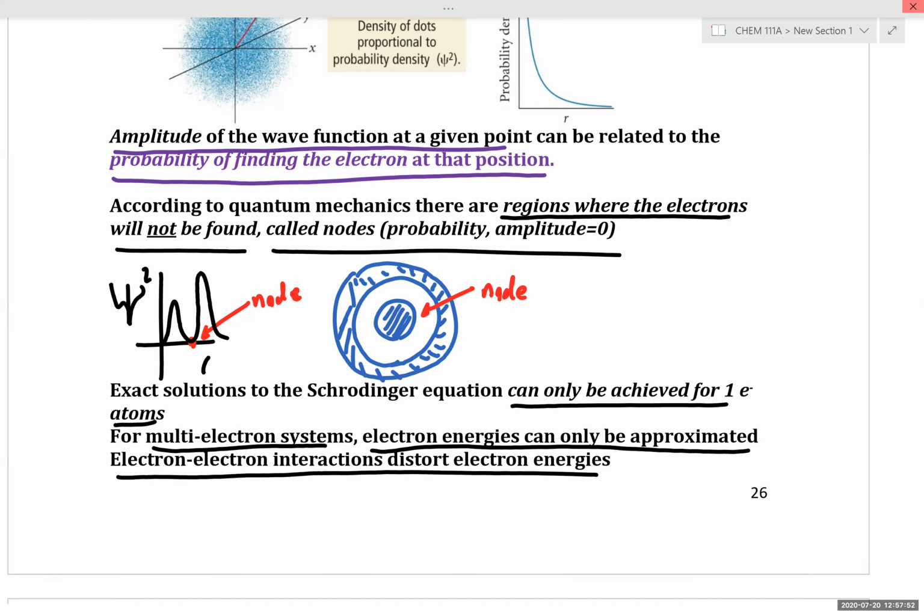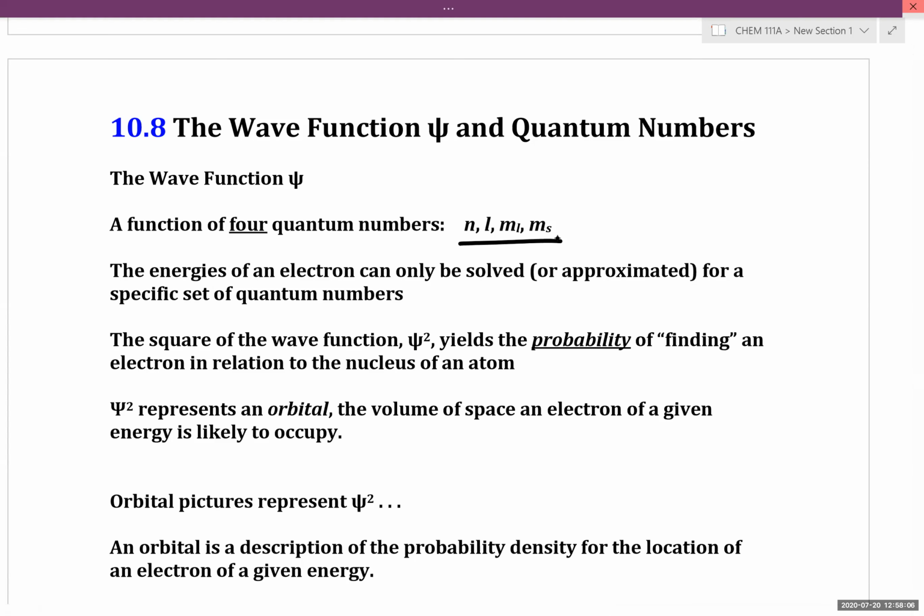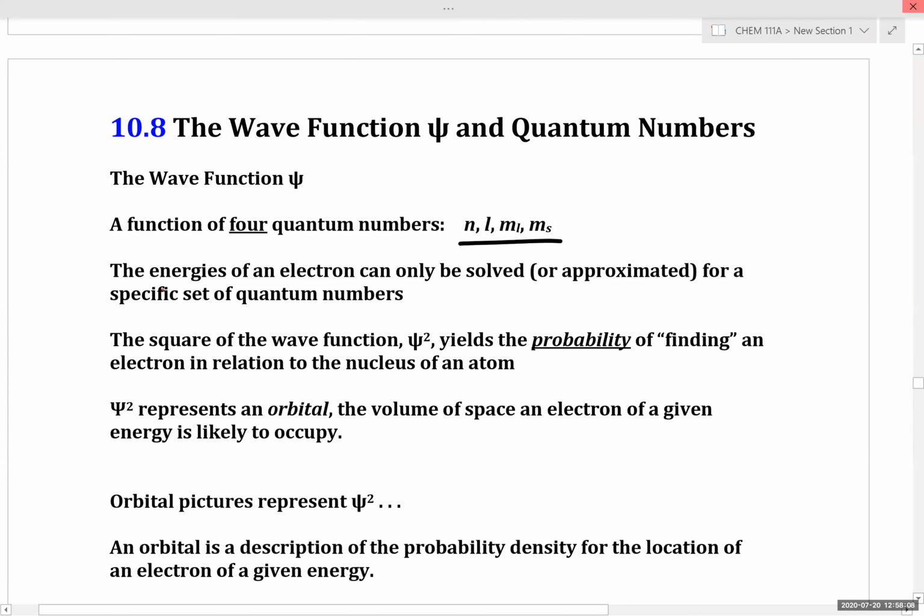Okay. So let's talk a little bit about the wave function now in terms of quantum numbers. The wave function is a function of 4 different quantum numbers. And what's really important is that the energy of an electron can only be solved for a specific set of quantum numbers.